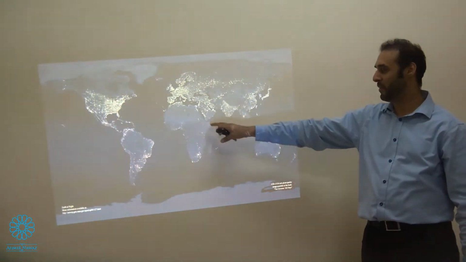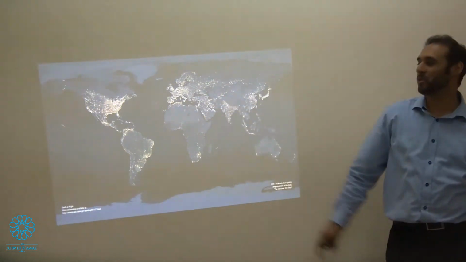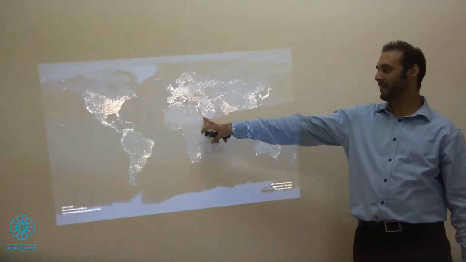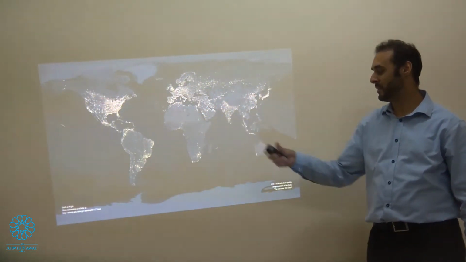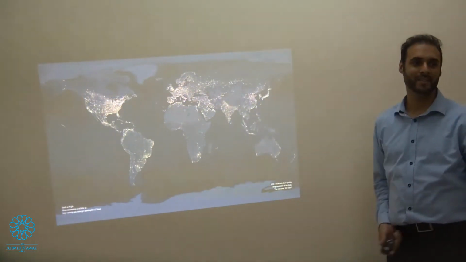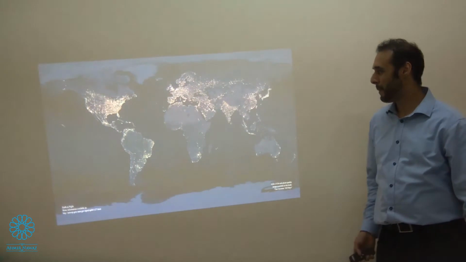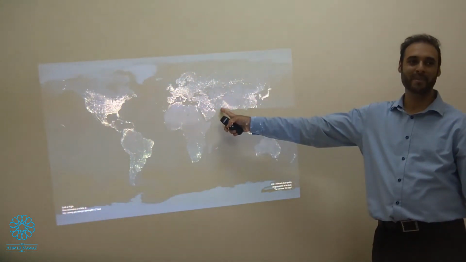Most of Saudi Arabia is not developed, but this part is not developed. And look at the light pollution. Some of the worst light pollution in all of Saudi Arabia is where we are. This is Abha, Khamis. So yeah, I've seen the light pollution there. But here, look how bad it is. Look at India. Positively shining. Iran, Pakistan. This is the border area of Pakistan. These are mountains.